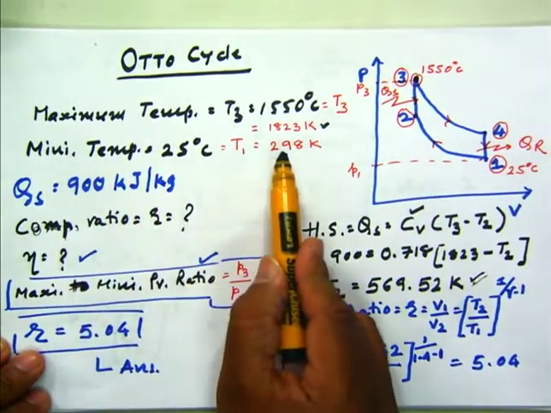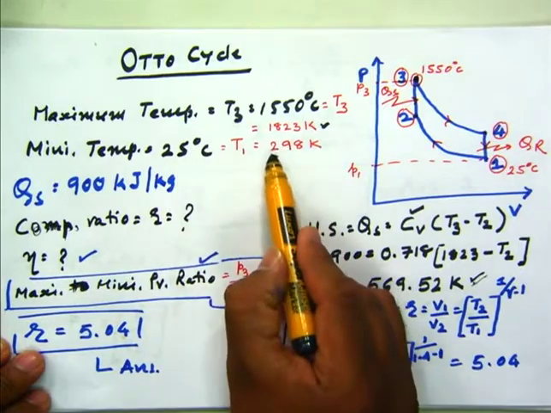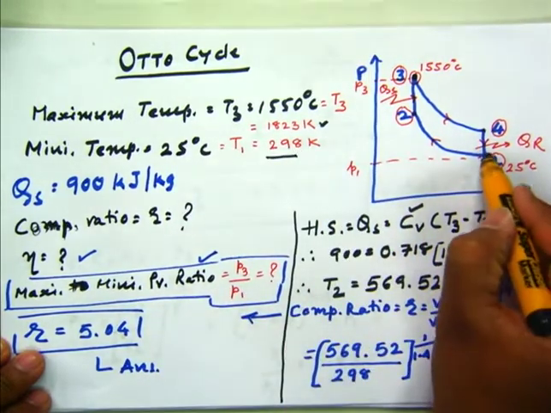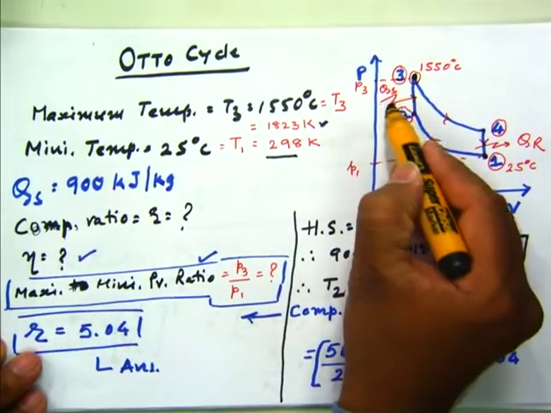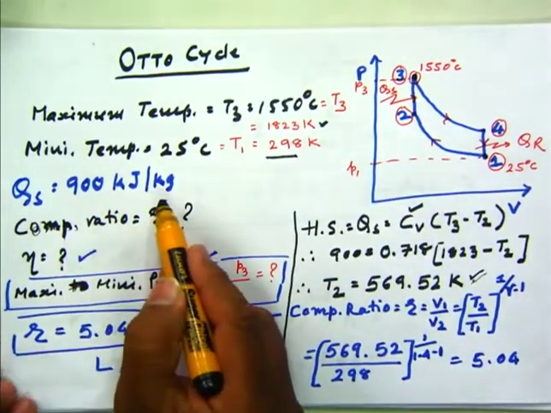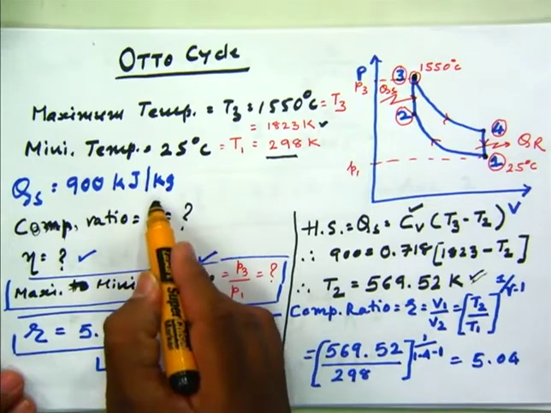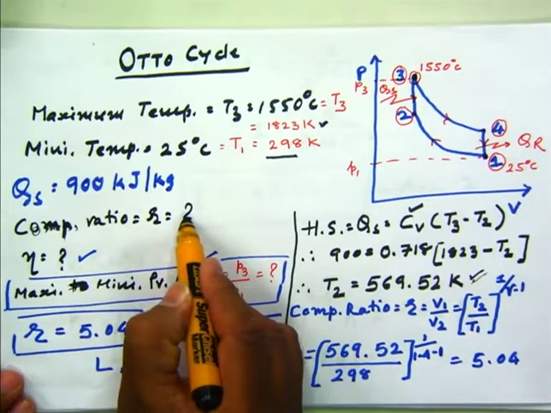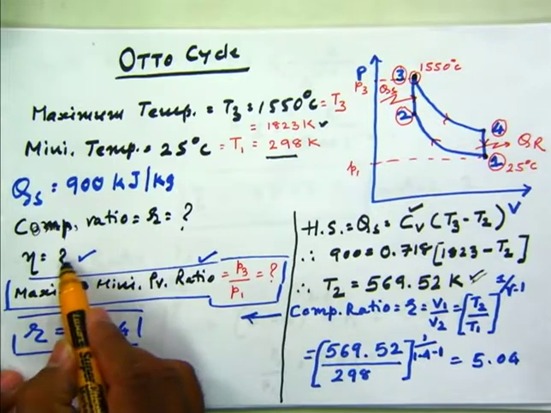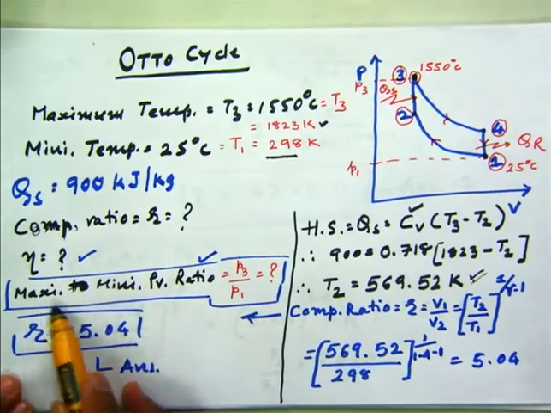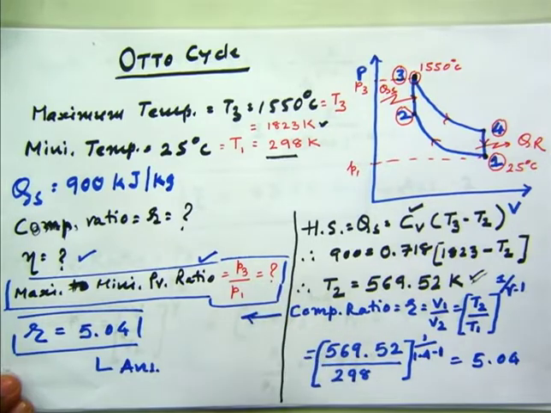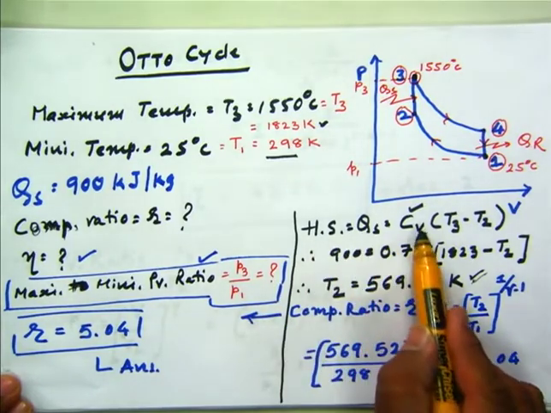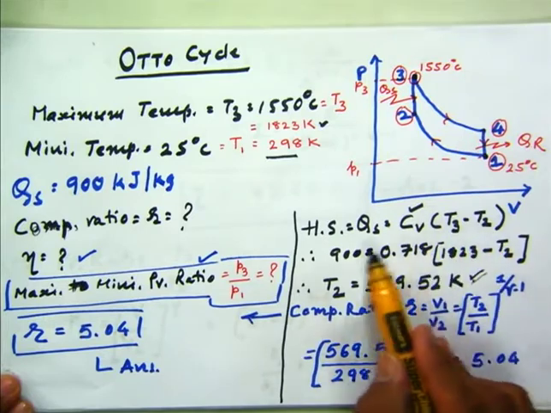Minimum temperature T1 25 degrees centigrade, that is 298 Kelvin, at this point. Heat supplied is given 900 kilojoule per kg. You have to find out the compression ratio R, cycle efficiency tau, and maximum to minimum pressure ratio P3 upon P1. Heat supplied is equal to QS equals CV into T3 minus T2.